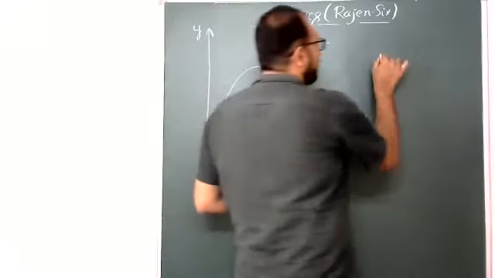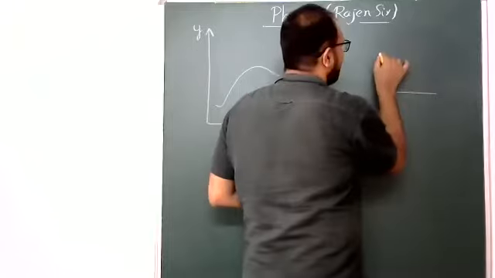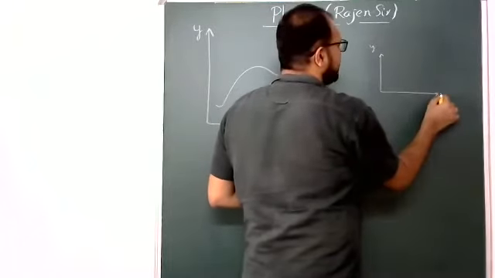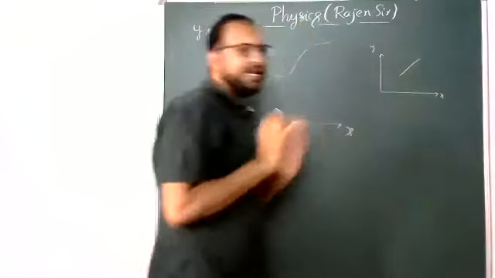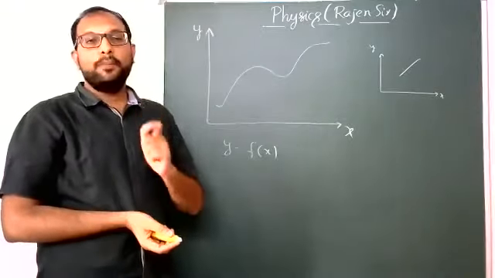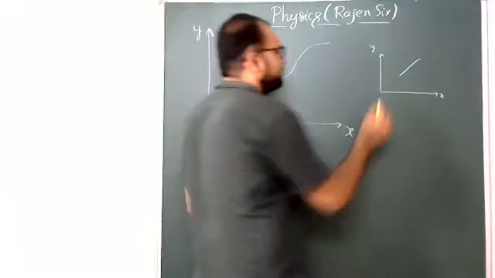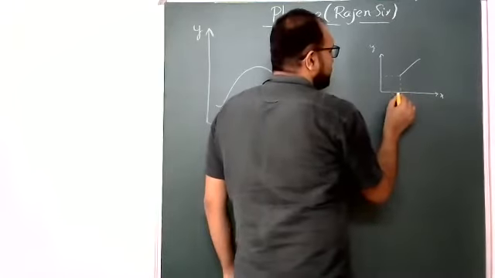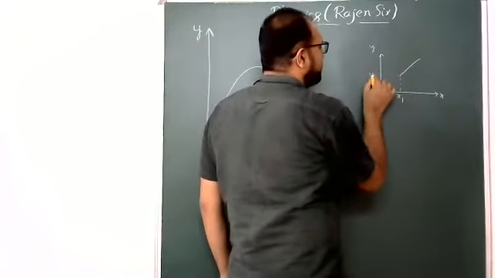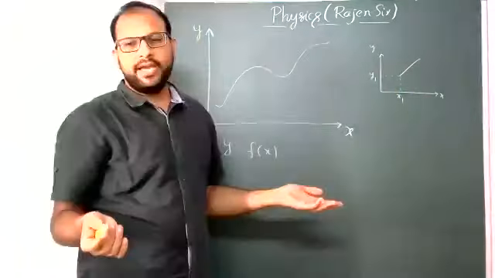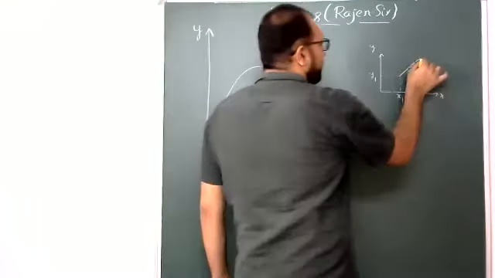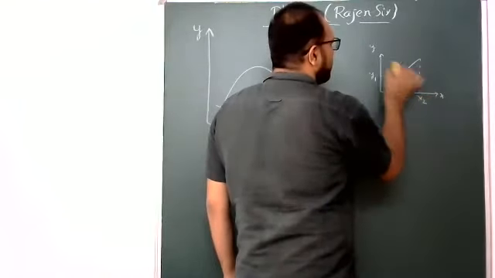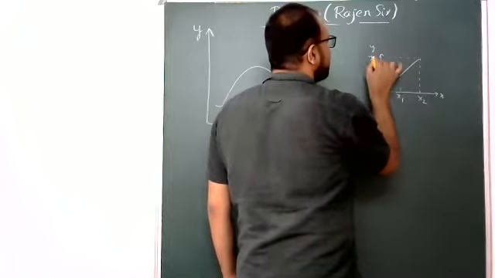Suppose here is one straight line. This is y, this is x. For x1, the y value is y1. For x2, the y value is y2.